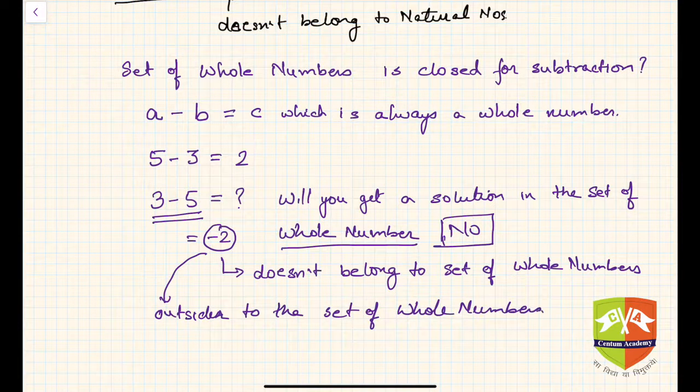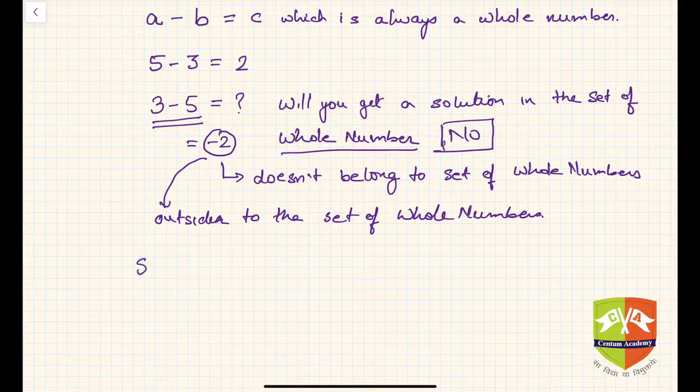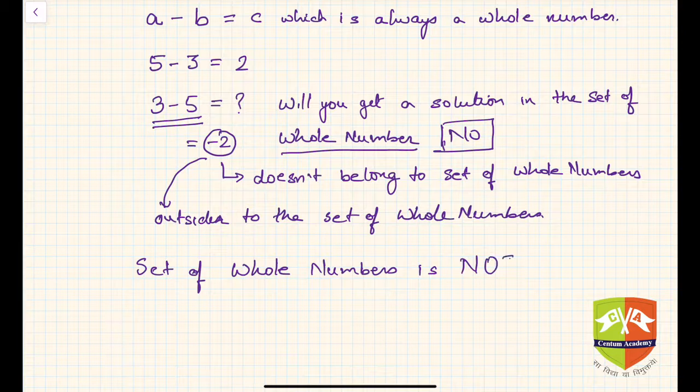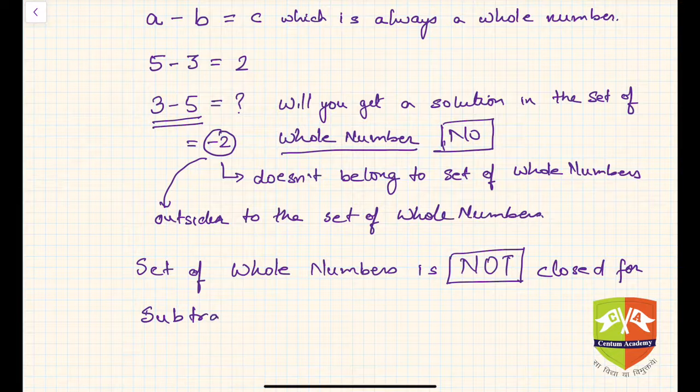And hence we say, friends, that the set of whole numbers is not closed for subtraction. It is definitely closed for addition, but it is not closed for subtraction. Meaning what? It's not necessary that you will get a whole number when you take the difference of two whole numbers, correct?